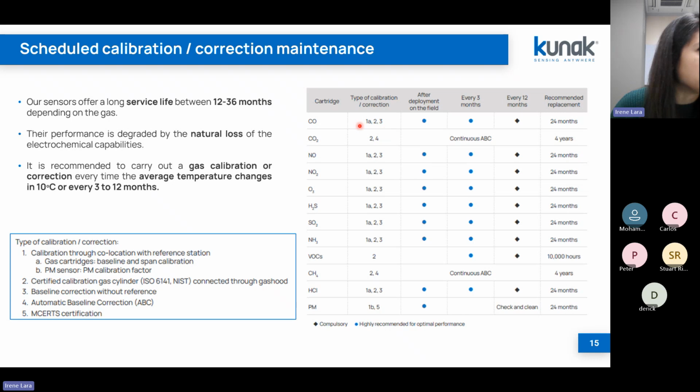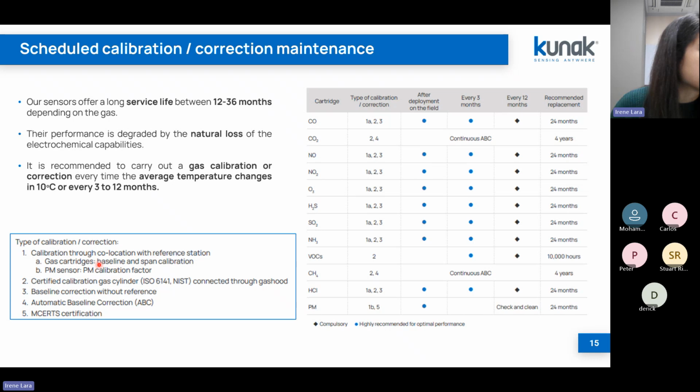So as you can see here, in this table, we have the different gas sensors and the different types of calibration or correction that we can perform. For example, in the case of CO, 1A means that we can calibrate it through a collocation with a reference station.